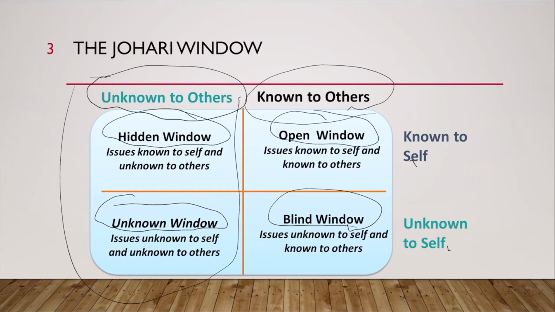These things are unknown to you, but they are known to others. The only way you're going to be able to really get an idea is to get out there and get to know them. Ask them, and ask for honest feedback. Sometimes they won't do it because they're afraid you'll fire them if they give you negative feedback. But keep your ear to the wall as much as you can, and pick up on cues that people have.